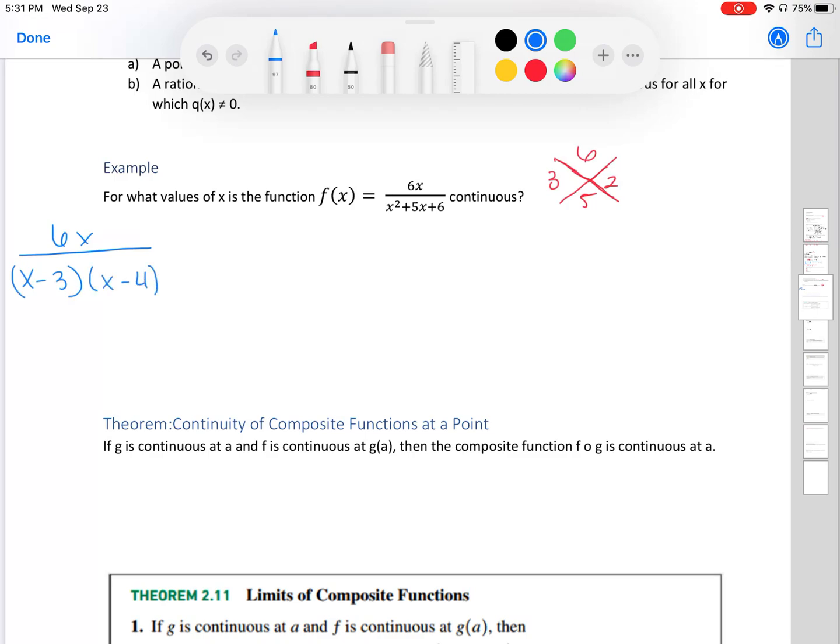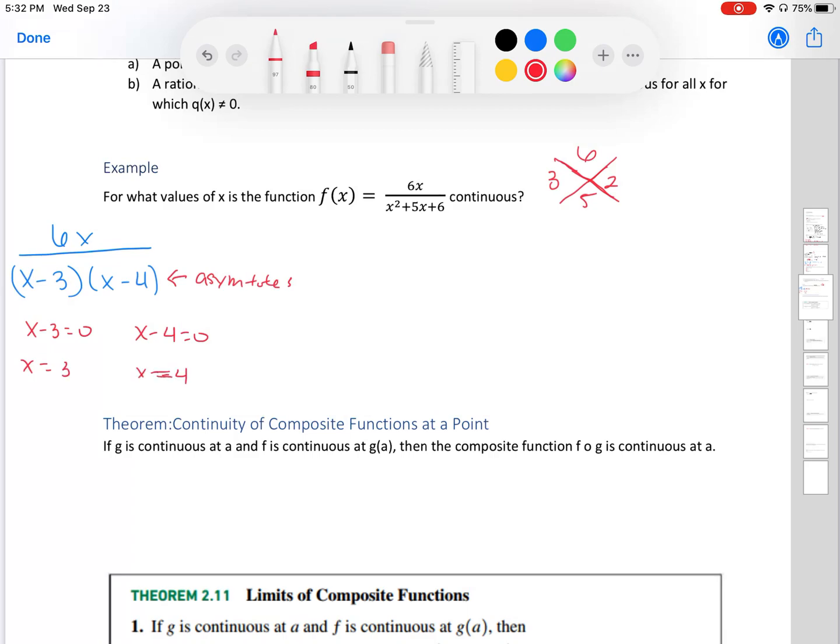Now we want to find where it is continuous. Well, we have a rational function and it would not be continuous at our asymptotes, right? So it would be discontinuous. We would have a break at those values which make our denominator 0. So we have x plus 3 equals 0 and x plus 2 equals 0. We get x equals -3 and x equals -2.